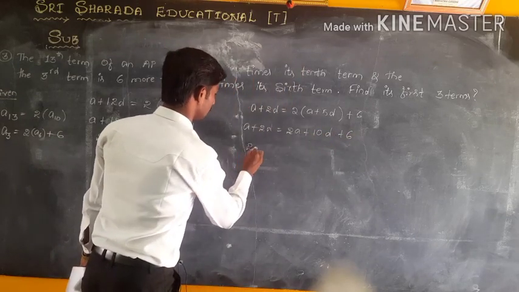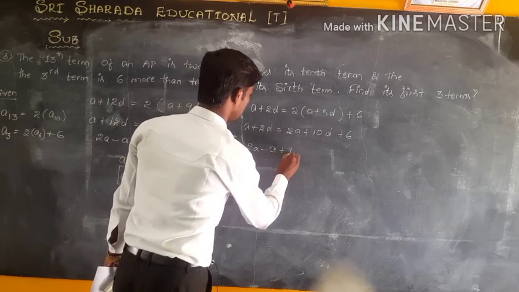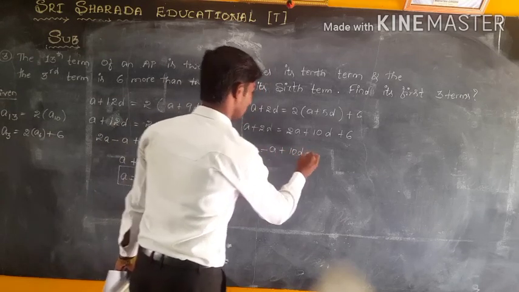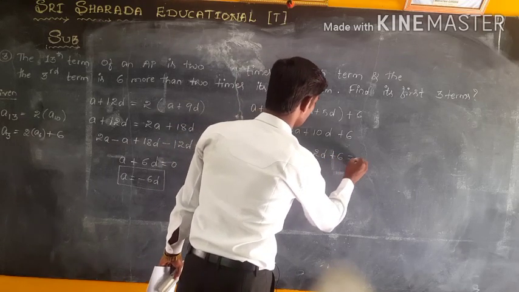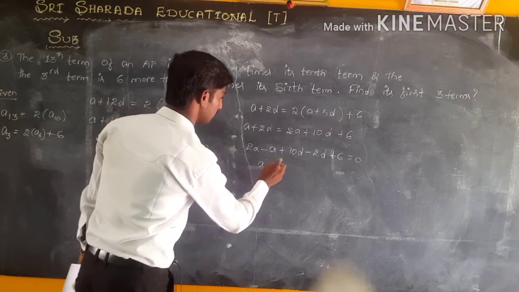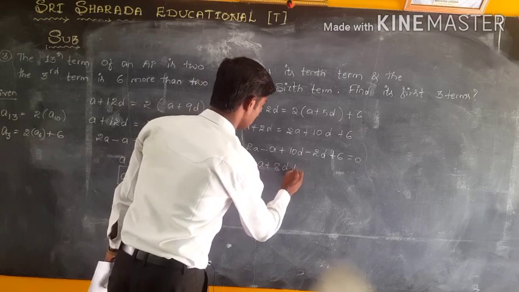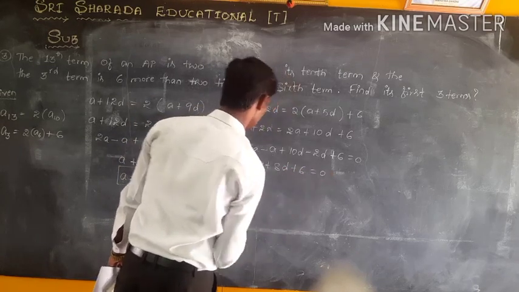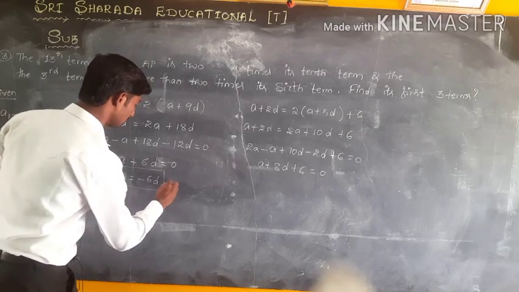That is 2A minus A plus 10D minus 2D plus 6 is equal to 0. So now 2A minus A is A, plus 10 minus 2 is 8D, plus 6 is equal to 0. Now shall I introduce the value of A here according to equation number 1?